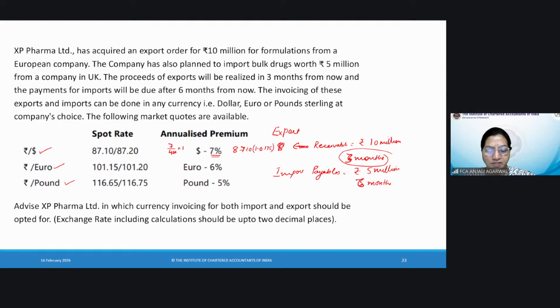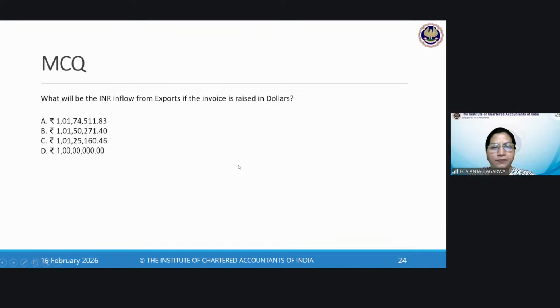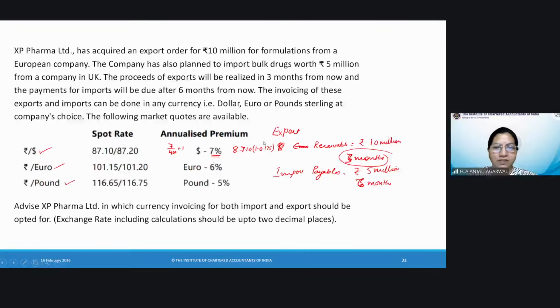So the new exchange rate is going to be 87.10 into 1.0175, which is 88.62425. Round off 88.6243. So we will do calculations. What is the current exchange rate? 87.10. What it will become after 6 months, after 3 months.